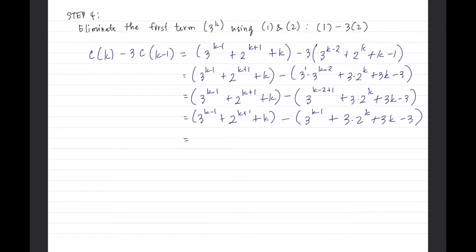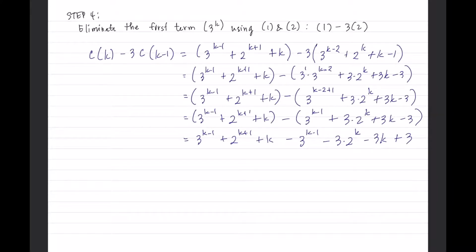So we now distribute the signs, or we multiply each term with the negative sign. So we get negative 3 raised to k minus 1 minus 3 times 2 raised to k minus 3k plus 3. So we rearrange the terms.